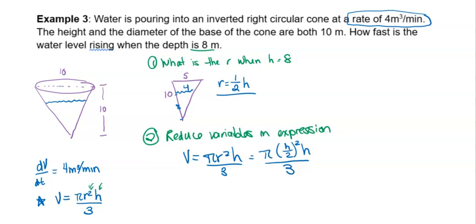Okay, I'm going to clean this up. So pi h squared over 4 times h over 3 is actually pi h cubed over 12. Now I have an expression with only one unknown.